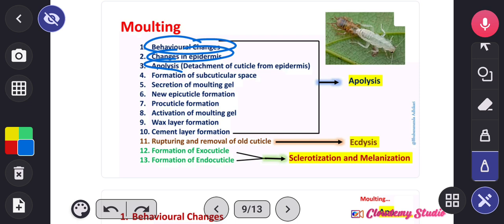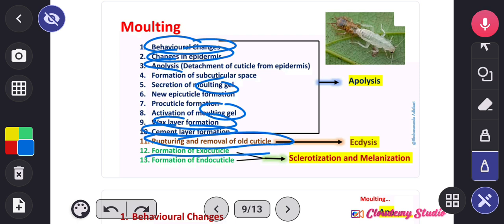I've already told you that the molting gel is secreted from the epidermal layer, because it consists of a molting gland. Then new cuticle formation, procuticle formation, activation of molting gel. The molting gel that was being secreted will now be activated, and now the wax layer will be formed, the cement layer will be formed, and it is now going to rupture and remove the old cuticle.